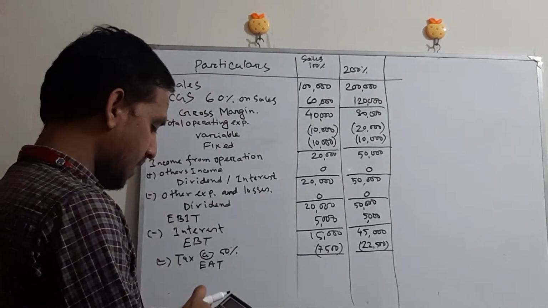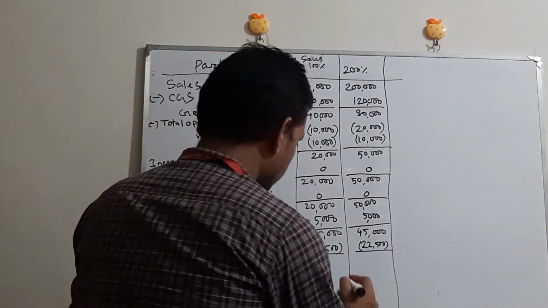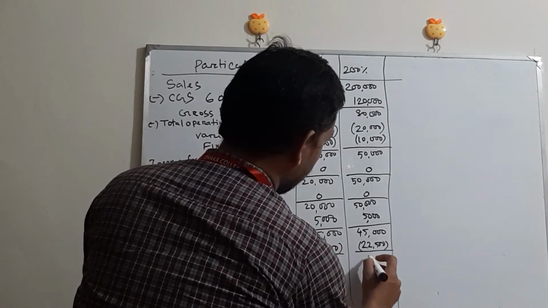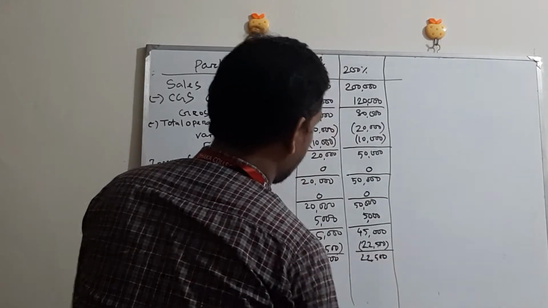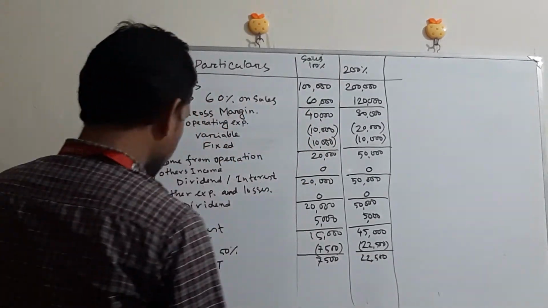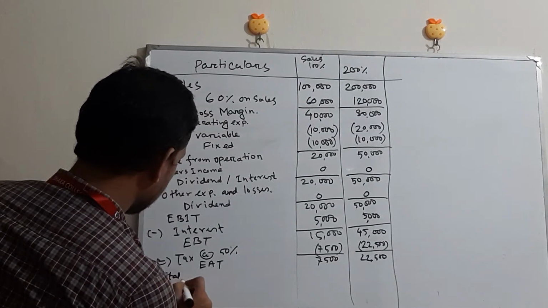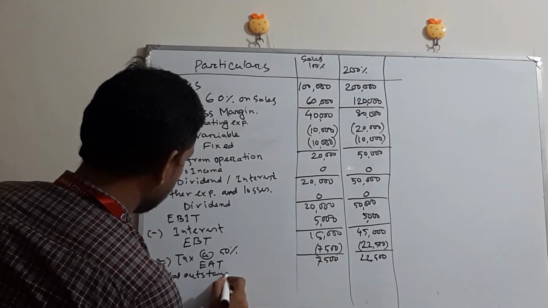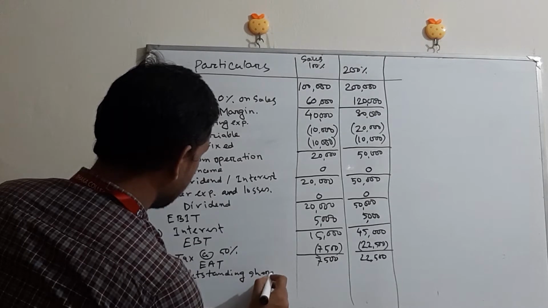Here 15,000 taka minus 7,500 taka, it is 7,500 taka, and here 22,500 taka. Okay, total outstanding shares.